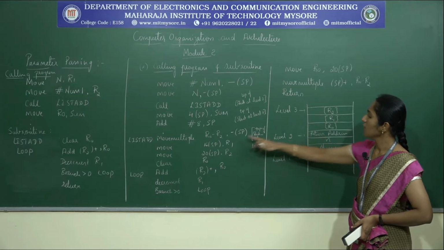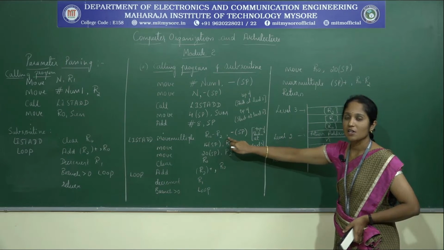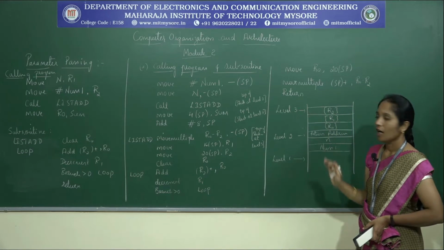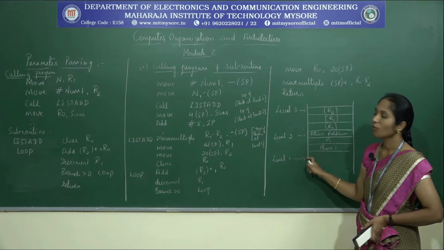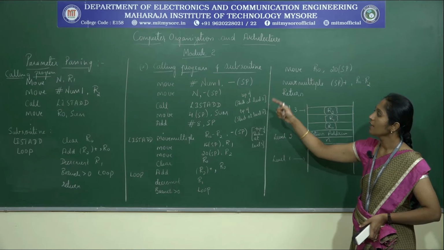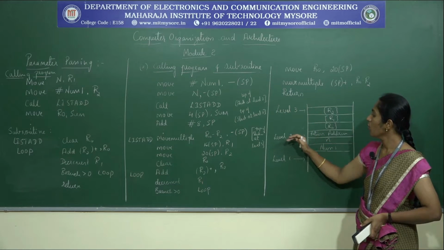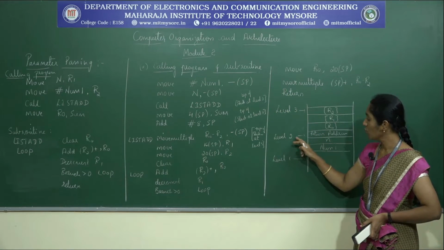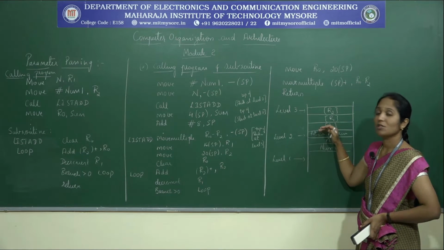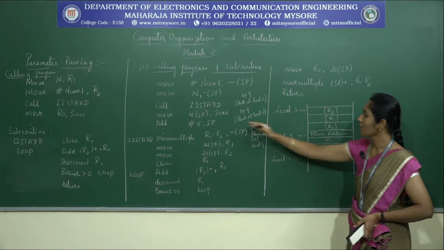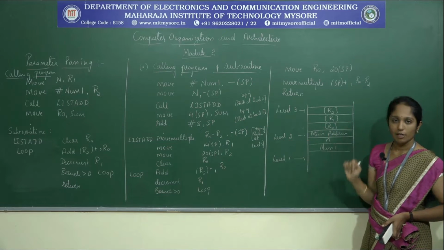After decrementing thrice in this instruction, it is at level 3. Observe carefully: initially it was at level 1. After moving the two elements, n and num1, and after storing the return address, it moved to level 2.